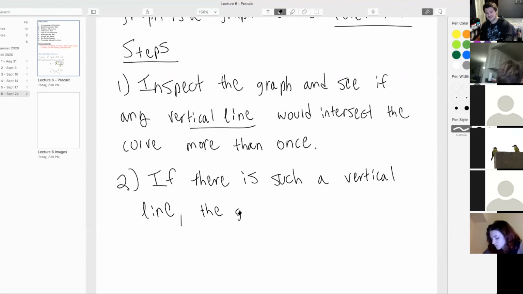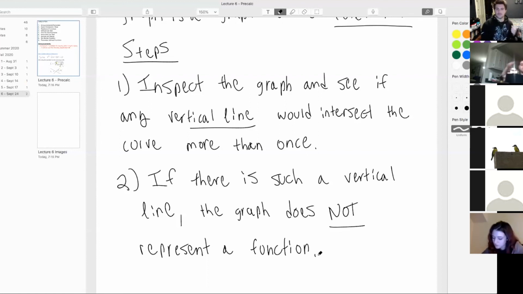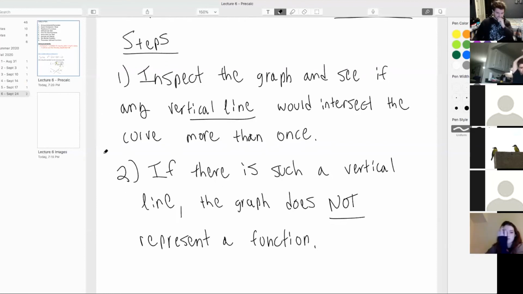The graph does not represent a function. All right, because a vertical line touching the graph in 2 places would mean that one input actually had more than one output.